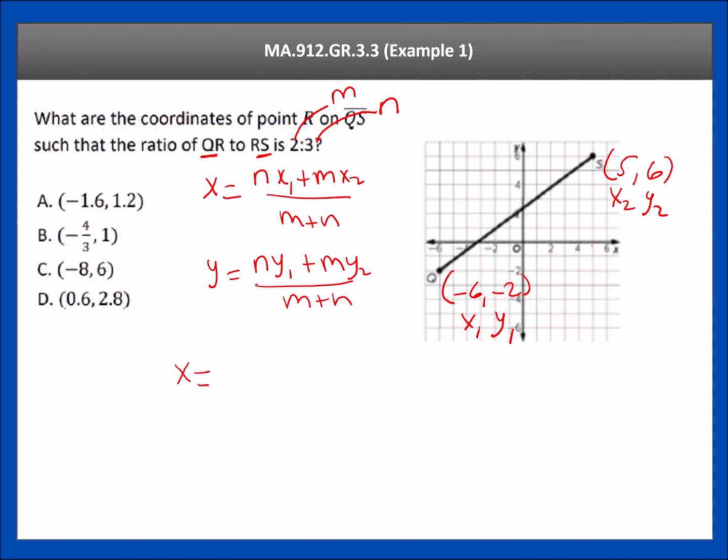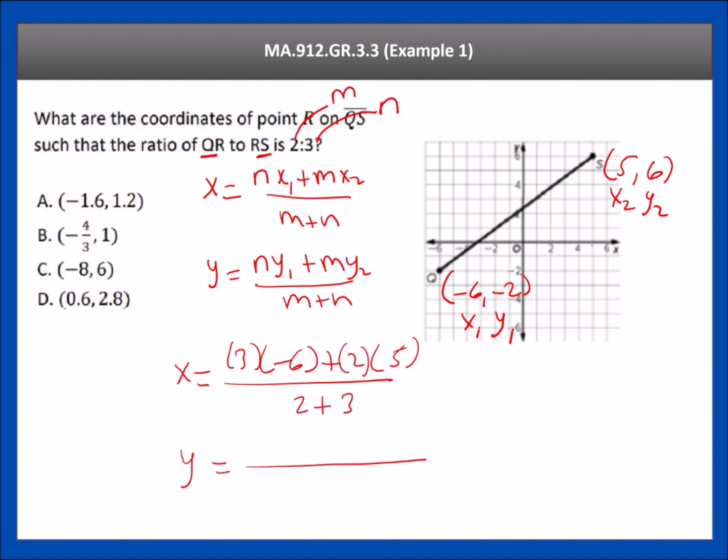So we got x equals, n is 3 times x1 plus 2 times x2 over m plus n. I'm going to do the same thing for y. Y equals 3 times y1 is -2 plus 2 times y2 is 6 over 2 plus 3.